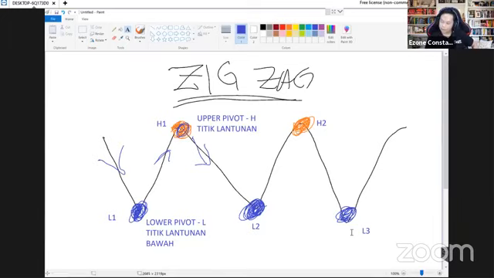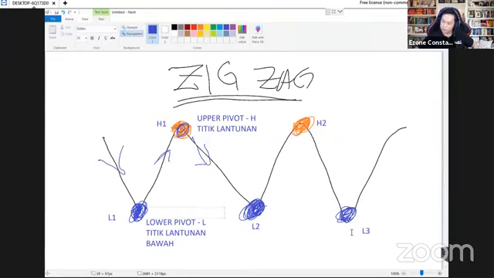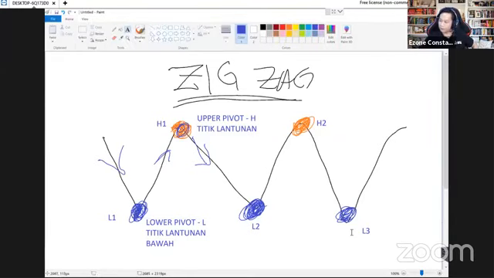So every time the movement touches this lower pivot point in this corner, it will always change the trend. It reverses, or rebounds. I just use the word rebound. And then when it goes up and touches the upper pivot point, it reverses and goes down.